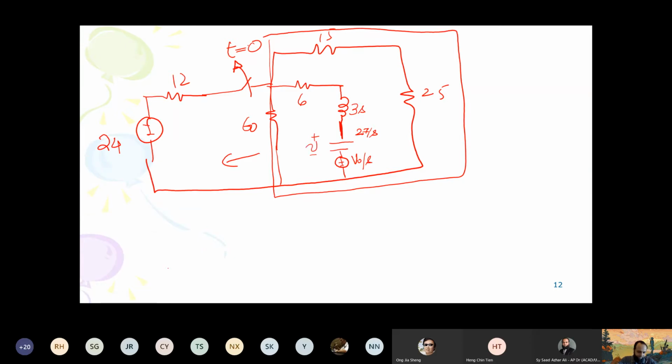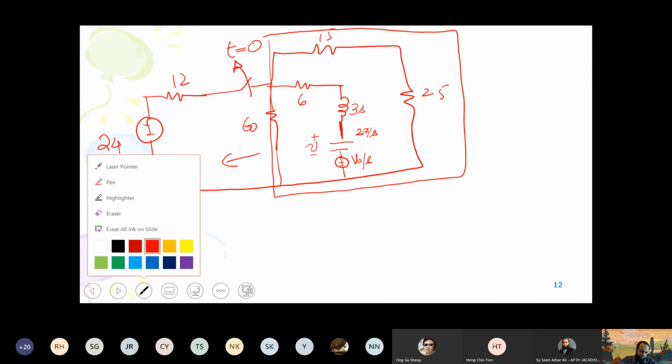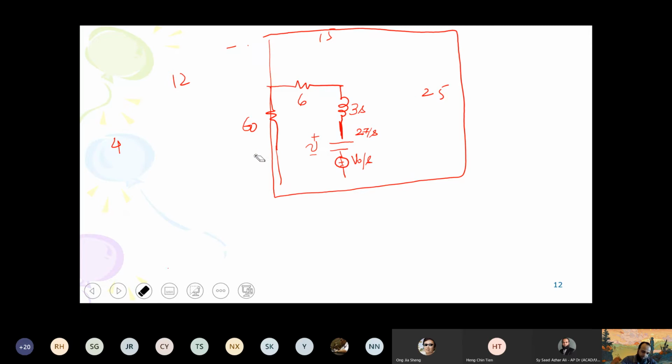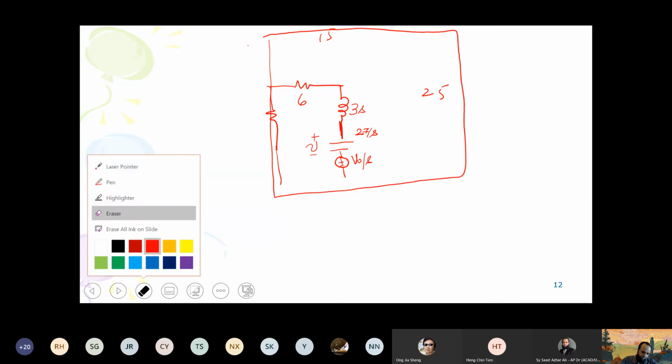All right. So just to make it clearer, let me erase everything from here. Oh, this has to be there. Oh, we removed a lot of things.